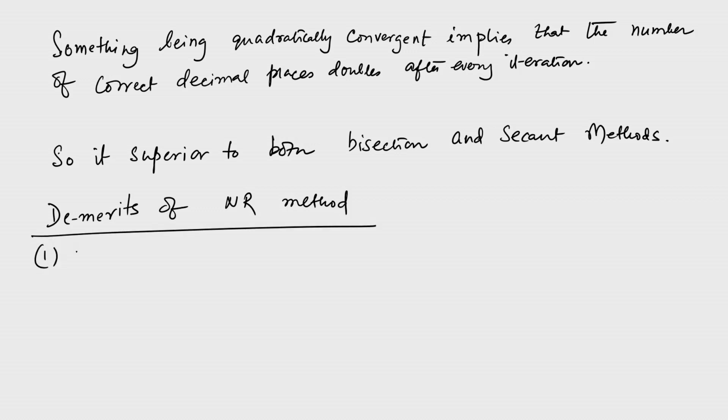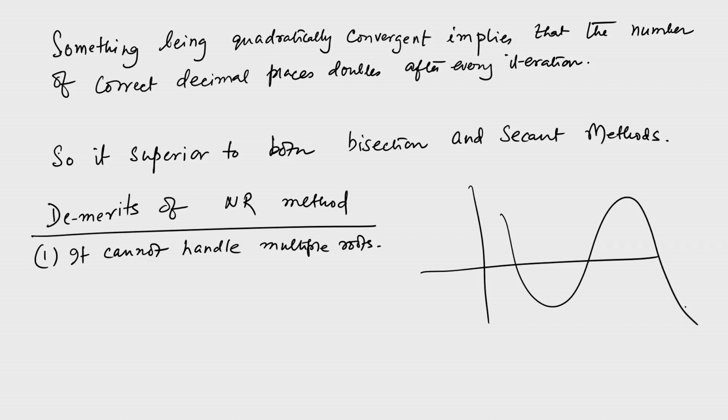Of course, which is very simple to understand, it cannot handle multiple roots. What it means is that if you have a function which goes like this and so on, so you have 3 roots, you can only handle one root at a time.